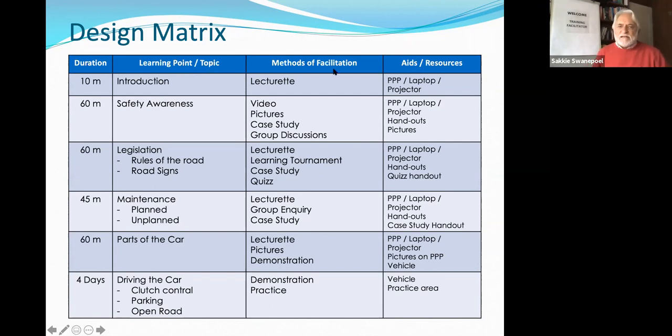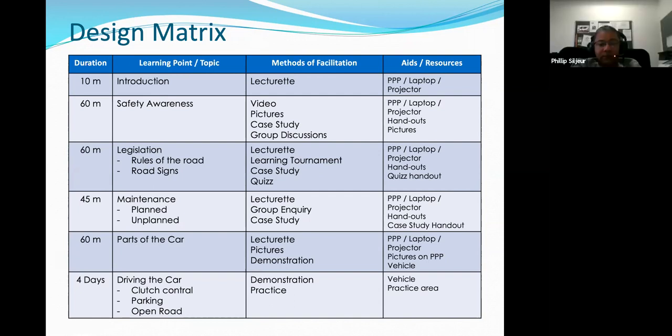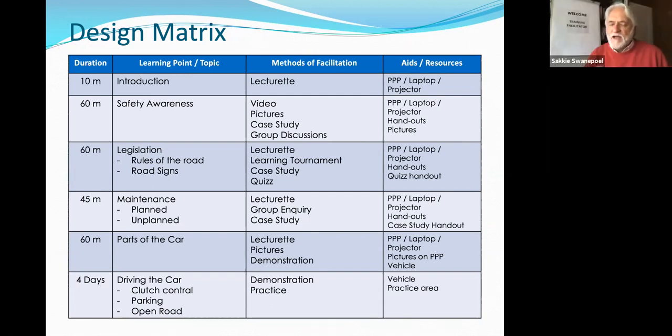This is critically important: these methods are interactive, learning by doing. I use the experiential learning cycle: introduce, conduct the activity, process the activity, asking: what did you experience? What are the lessons learned? And how are we going to apply what we've learned? Basically you do that with all your activities, that experiential learning cycle.